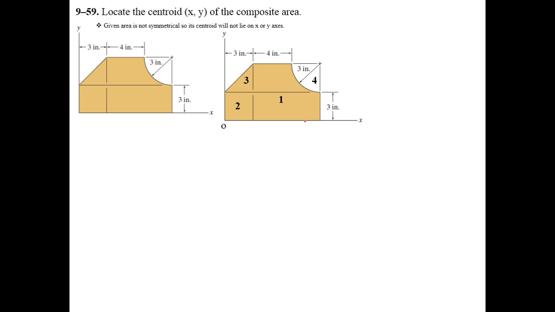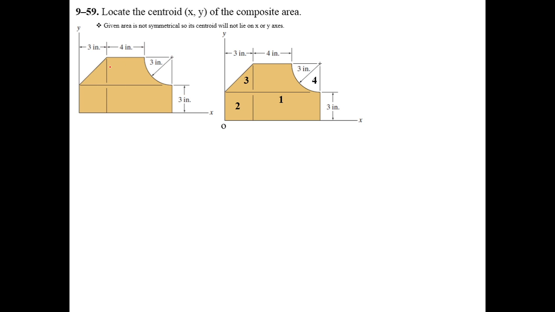This small square is our shape 2. Then this triangle is our shape 3, and this quarter circle is our shape 4. So using these four simpler shapes, and their addition and subtraction, we can get this area. That is our true area.